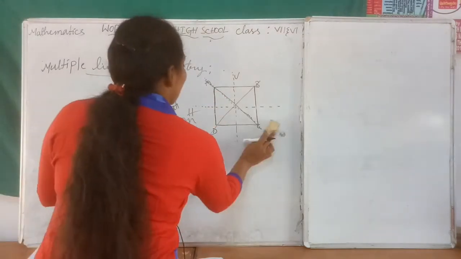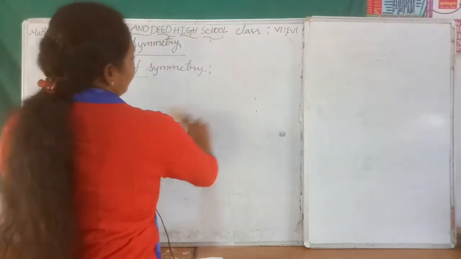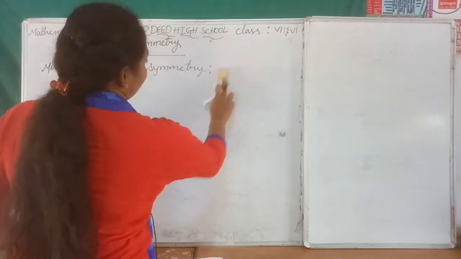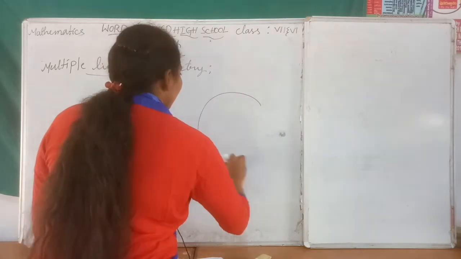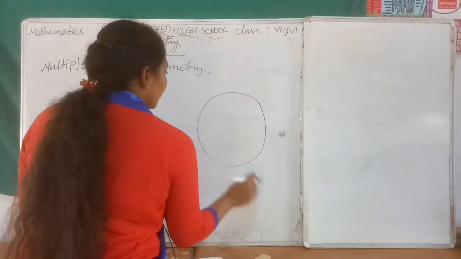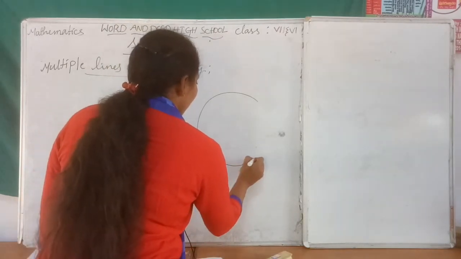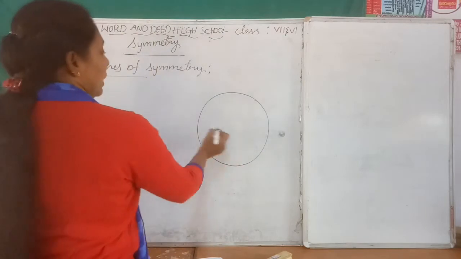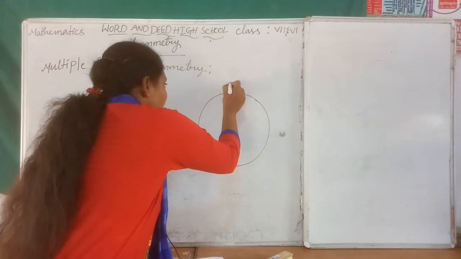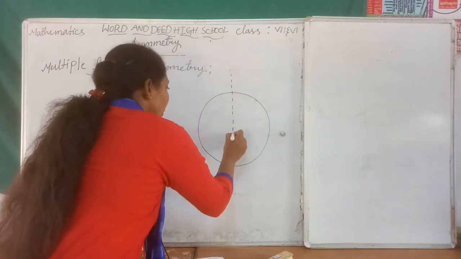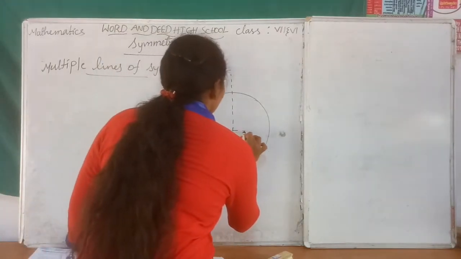Suppose next, the other picture, children. Circle. Circle means, we know, children, vertical line of symmetry or horizontal line of symmetry.